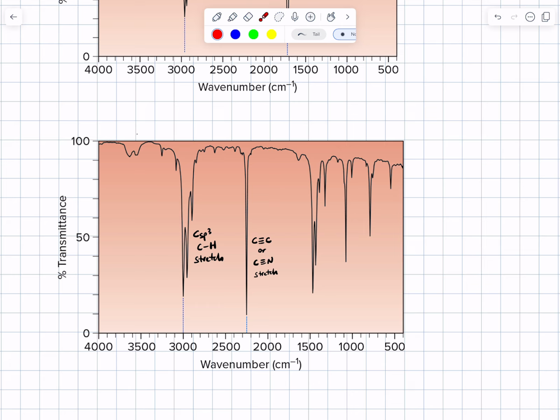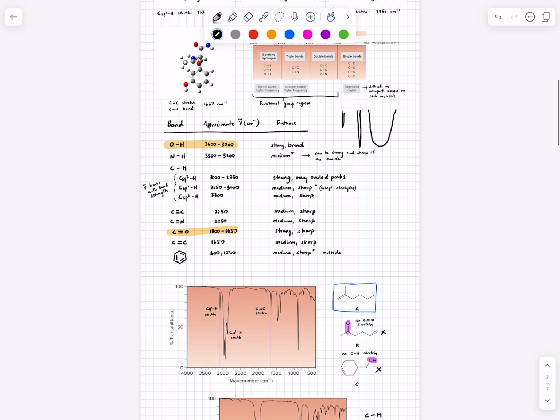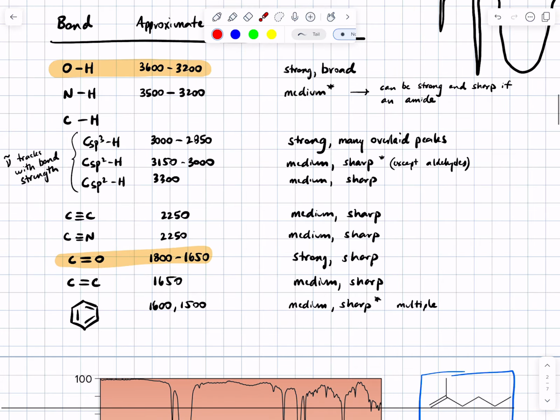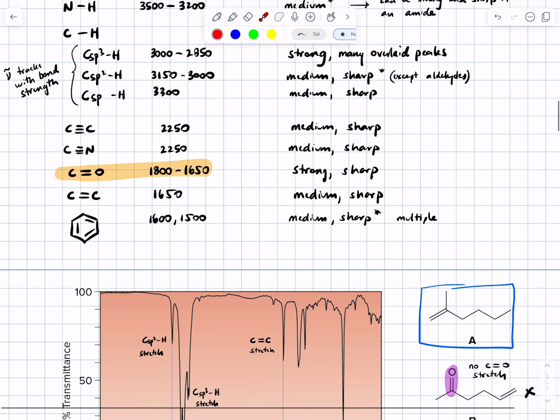So I don't know at this point what the structure of the molecule is. I know there are CH bonds, and I know there is either a carbon-carbon triple bond or a carbon-nitrogen triple bond. If I wanted to know more than that, I could go back up to my list and see, okay, if it were an alkyne, I would expect to see an sp hybridized carbon-hydrogen bond stretch at around 3300, and it would be sharp and narrow.